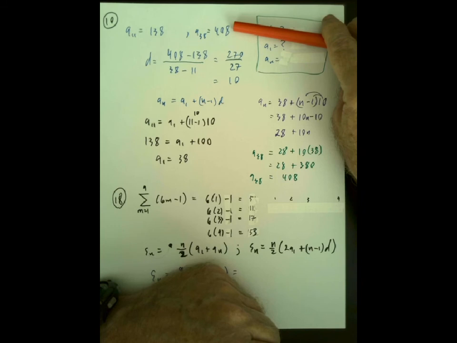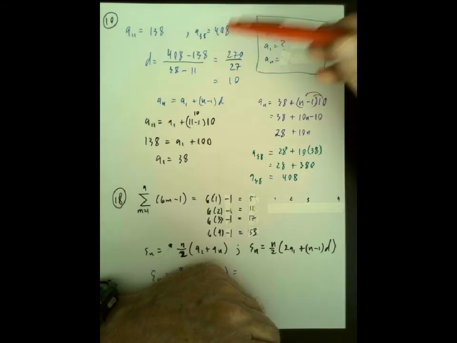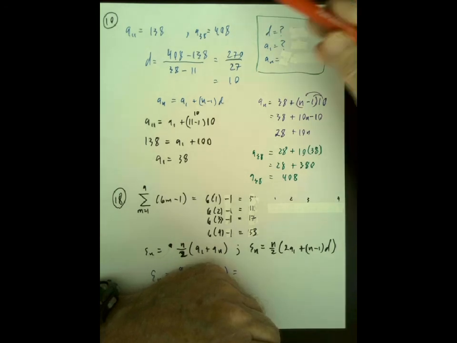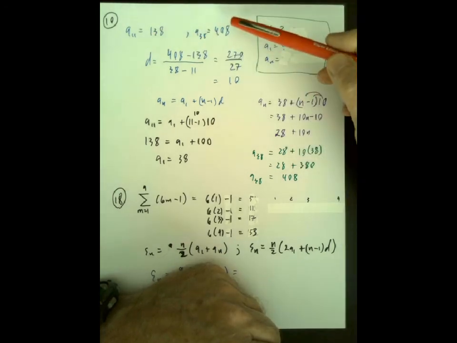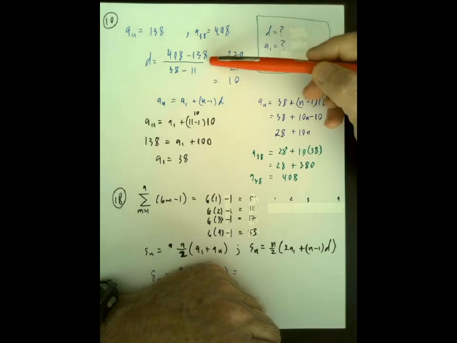What happens with an arithmetic sequence is we're jumping a certain number of times to get from 138 up to 408. Each jump is equal to that D value, the common difference we call it. So we do a calculation to find how much each jump is.